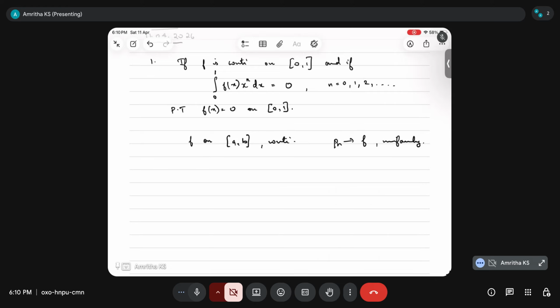So here it is given that this integral is 0, right? So what can we conclude from this? The integral of f(x) x^n dx is 0 for all n = 0, 1, 2 and so on.